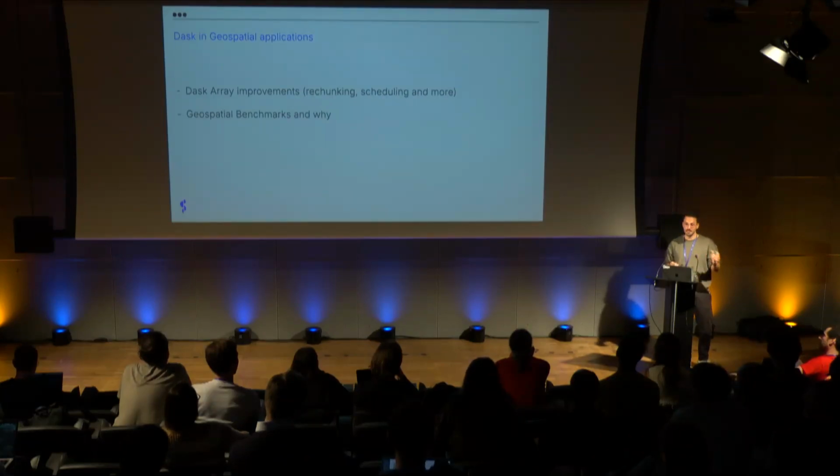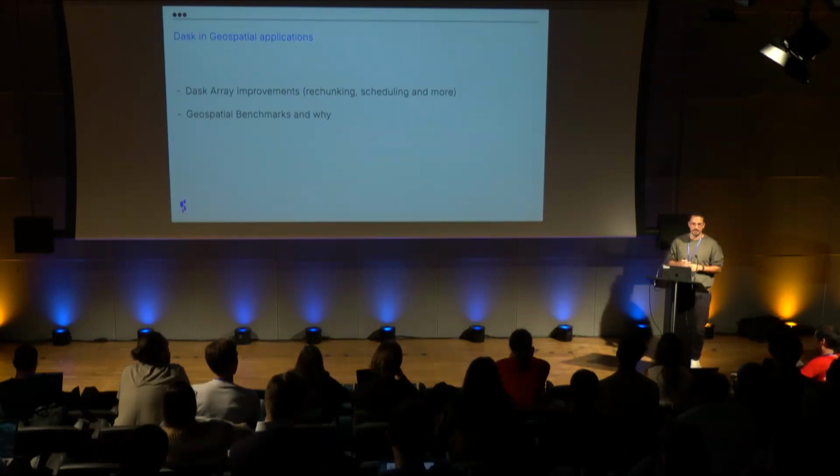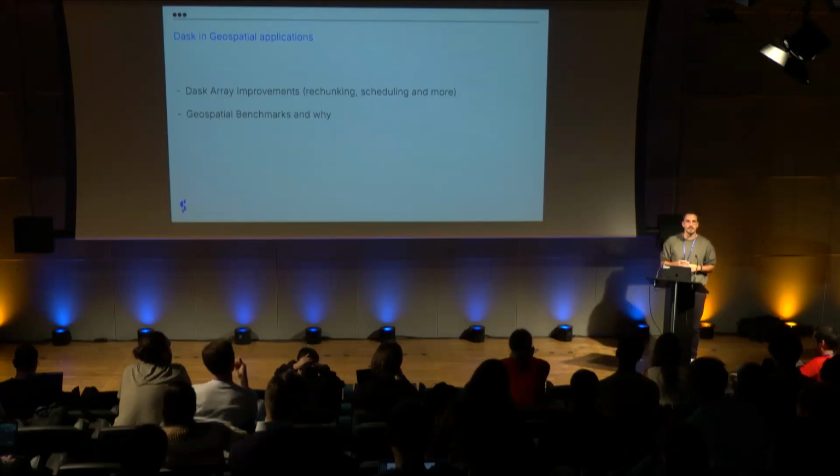Recently, at Coiled, we've invested some time into improving the array API and improving computations run on distributed arrays. We'll look a bit into this, and then we'll also talk about geospatial benchmarking, why that's important for us and why that's important to drive the future of geoscience at scale with Dask.